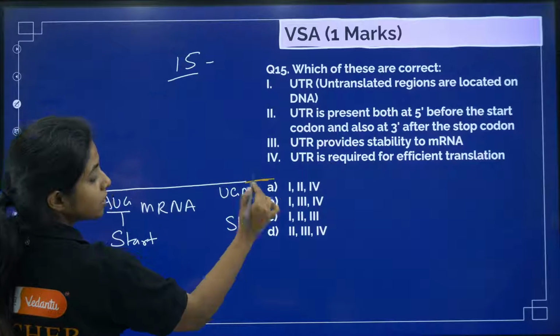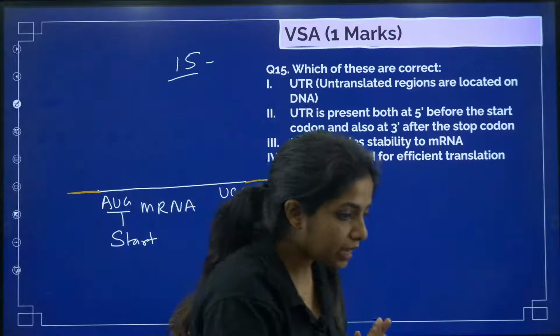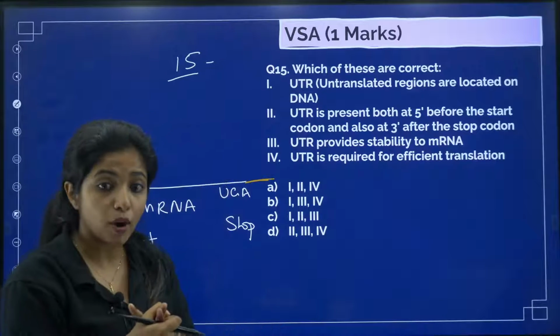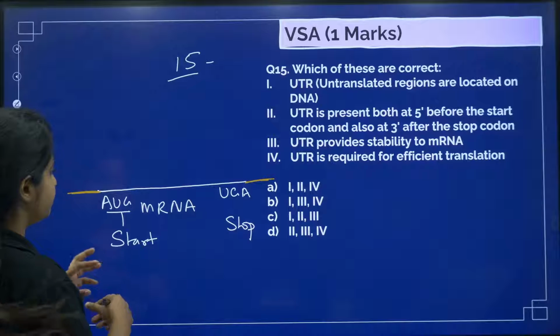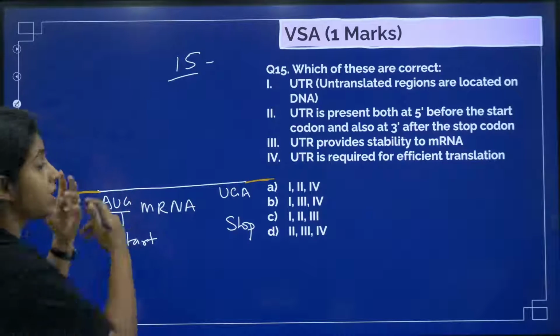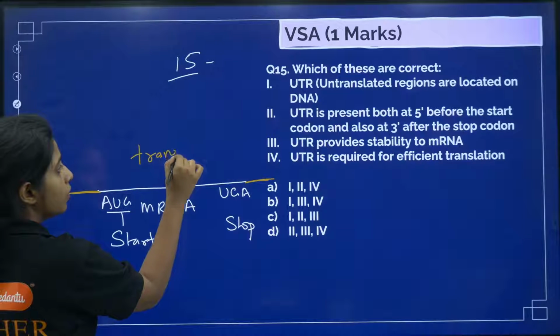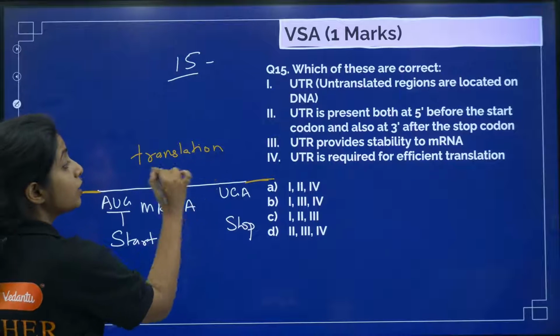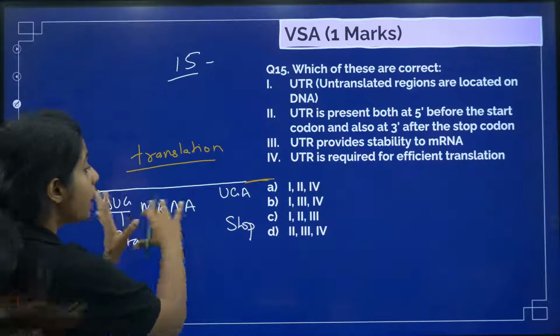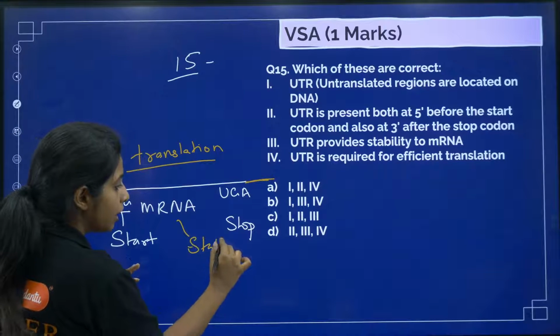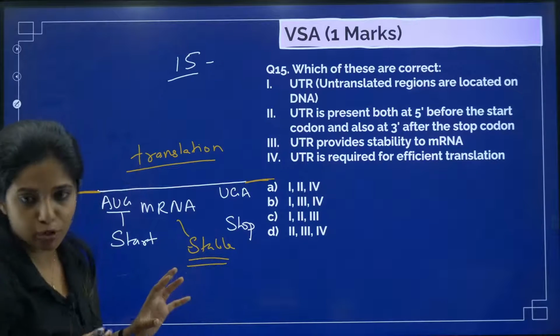You call these untranslated regions, and they are really important for the process of translation to get initiated, for the mRNA to be stable, everything. They are responsible for every single thing.